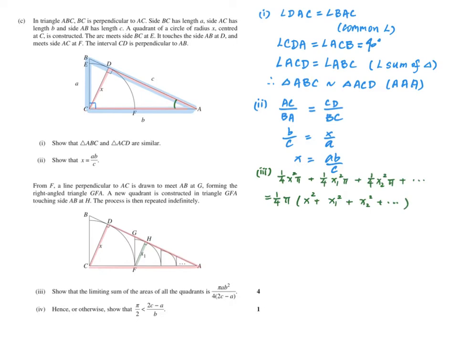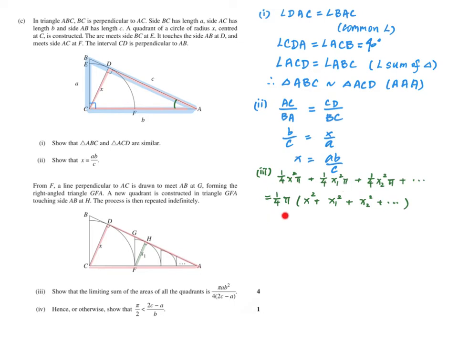The question is asking to show that the areas of all these quadrants, sum them up, should be in this form. The area of one quadrant should be, x is the radius, so x squared pi times 1 over 4. The next quadrant should be x1 squared times pi times 1 over 4, and so on. So we all have 1 over 4 pi.